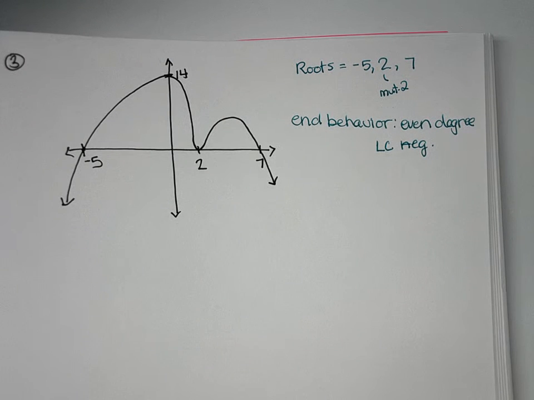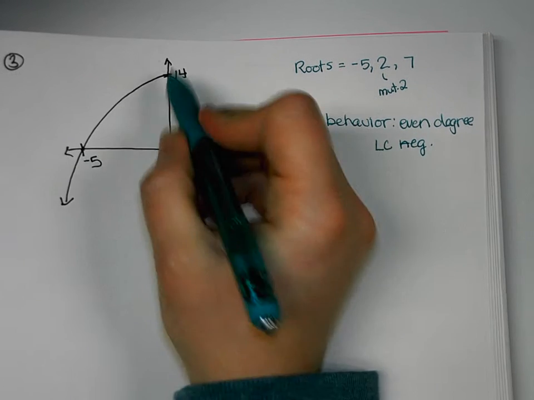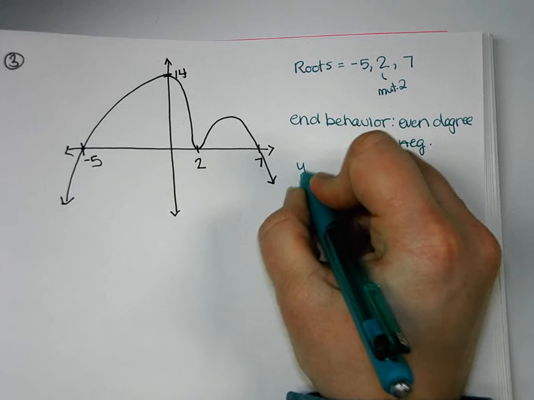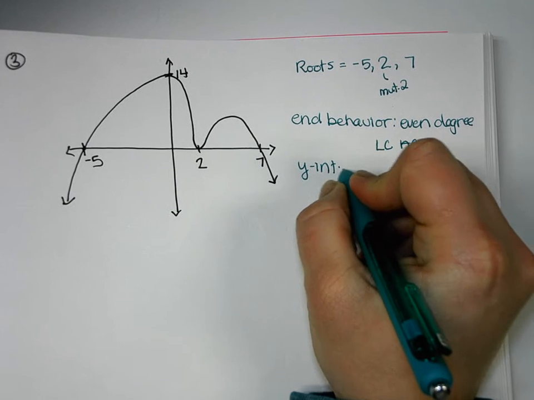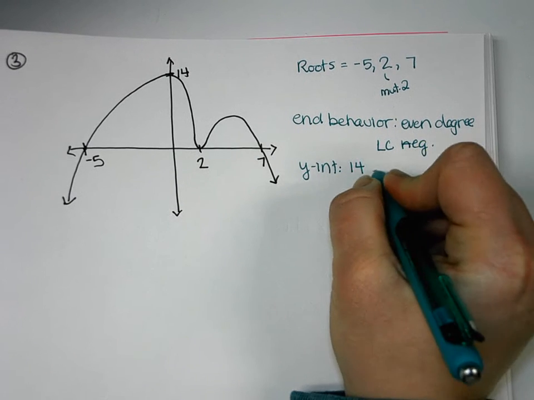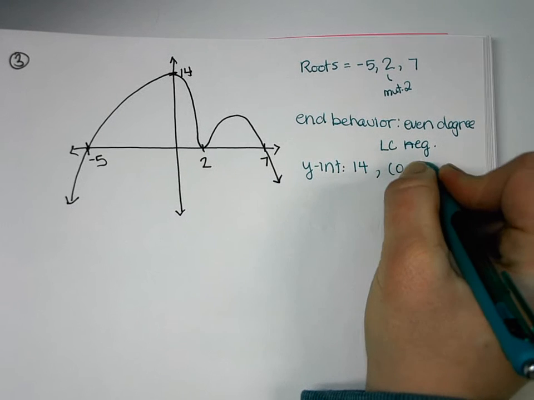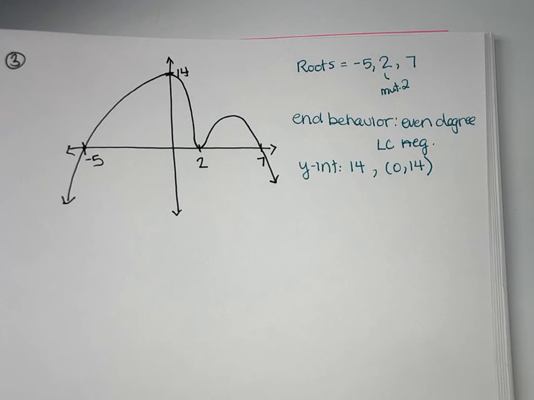That's something I'm going to need to keep in mind for my A term, because I know that it has to be negative. If it's not negative, then I need to figure out what happened. I also see that I have a y-intercept at 14, so that would be the ordered pair (0, 14). This is all the information I can gather just by looking at the graph.